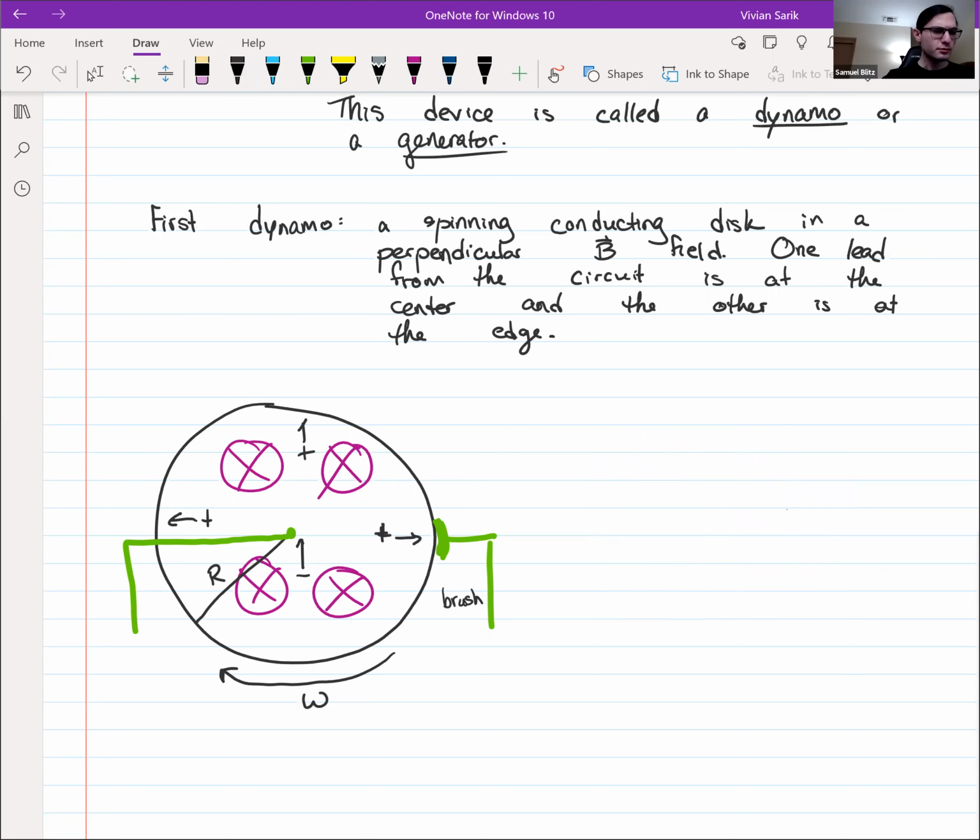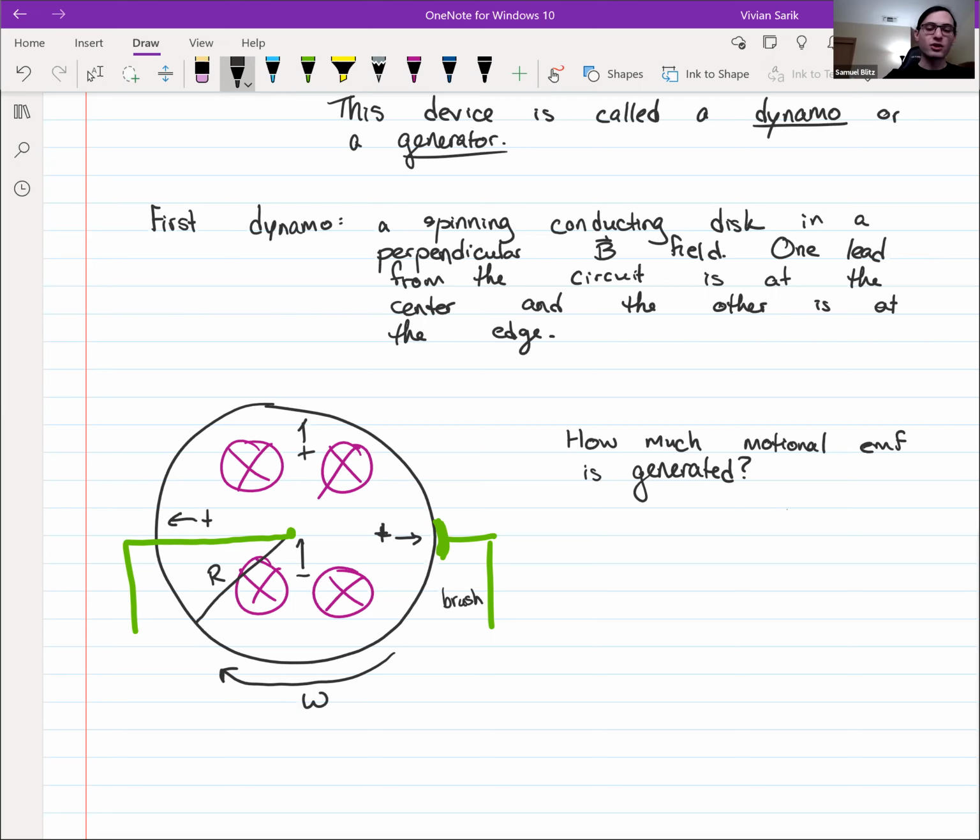So the question then is, how much motional EMF is generated? We have the tools. We can actually now calculate the voltage that you would get if it's spinning at such and such a speed and has such and such a radius.